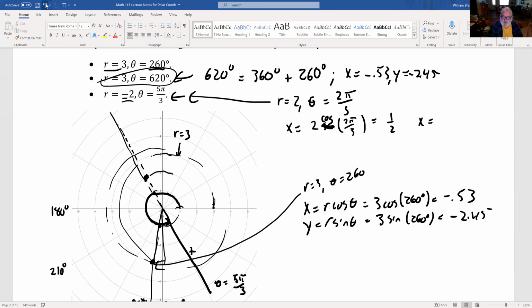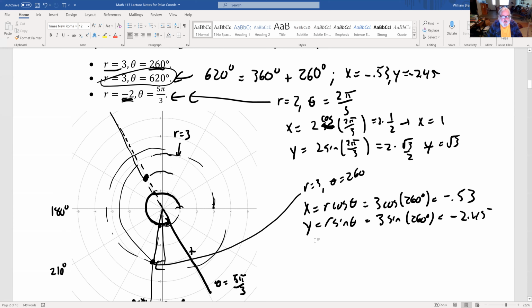So x equals minus 1. Y equals 2 sine 2 pi over 3, that's 2 times root 3 over 2. So y equals square root of 3. And that's that point. So a minus r means you go in the other direction.